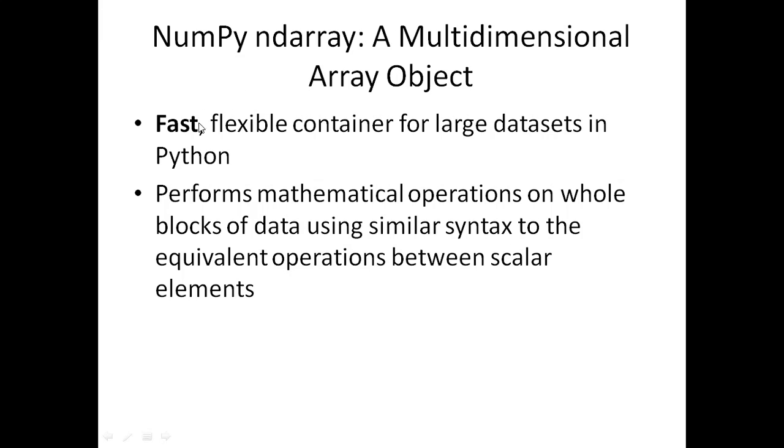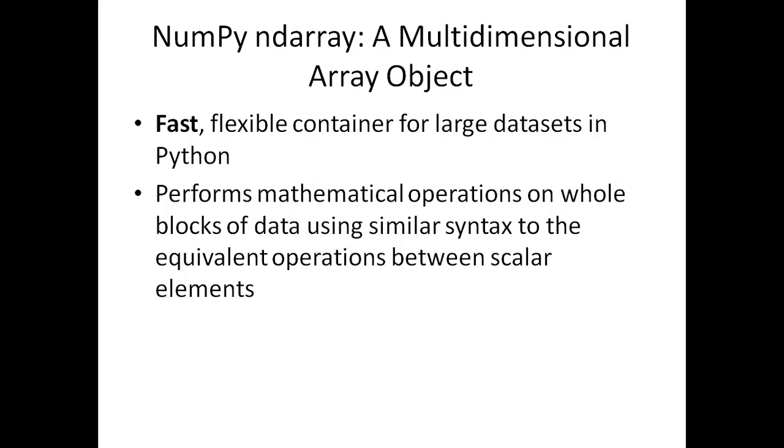It is also a fast and flexible container for large data sets, so operations are fast also. I will show with an example why it is fast. It performs mathematical operations on whole blocks of data using syntax similar to the equivalent operations between scalar elements, as I have already mentioned. If you want to add two numbers, you perform a plus b.